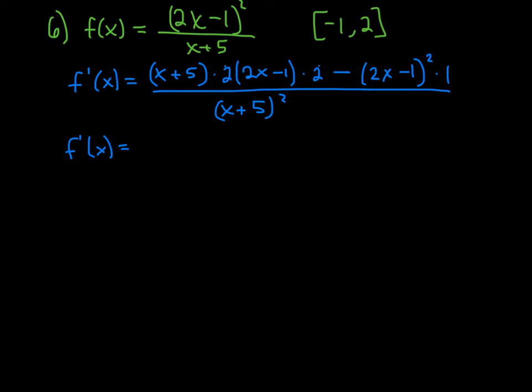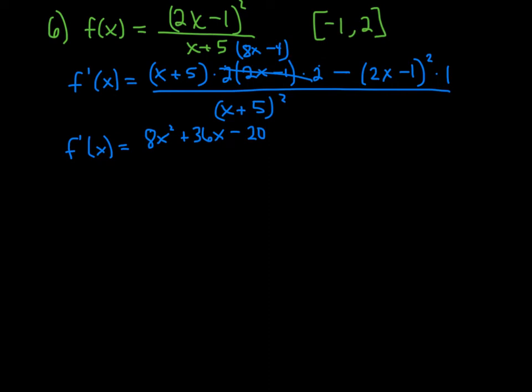So 4 times the 2x minus 1 would be 8x minus 4. So that binomial, I'm multiplying times the x plus 5. So I'd have here 8x squared plus 40x for the middle, minus 4x would be plus 36x, and then minus 20.